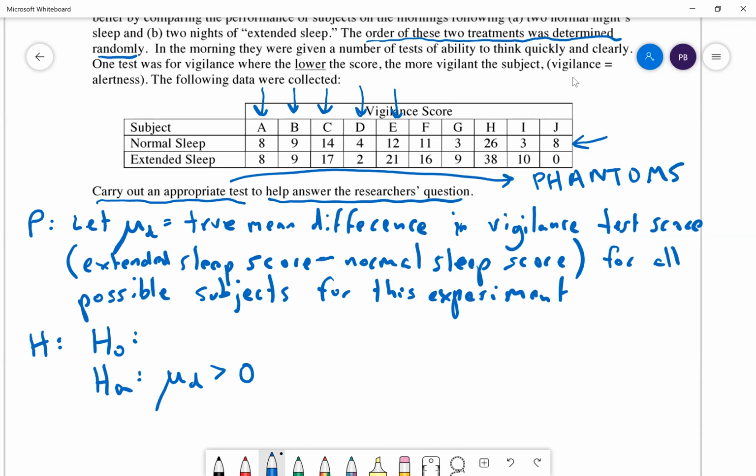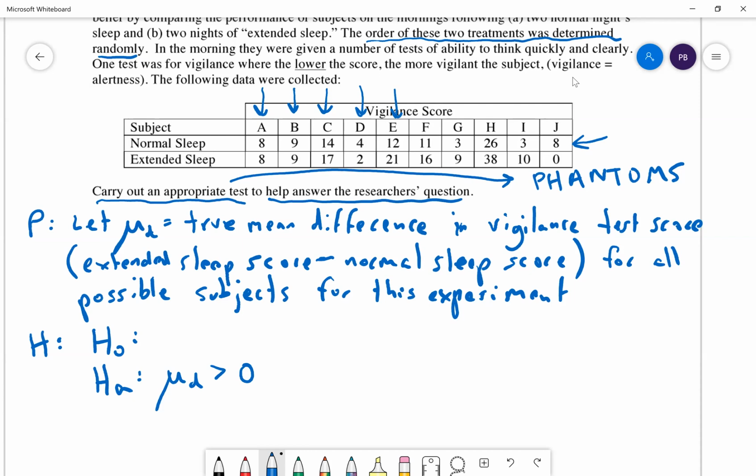So if the difference is greater than 0, that means the extended sleep score is greater than the normal sleep score, which means that after extended sleep, people are less vigilant than they are with normal sleep. So that's our alternative hypothesis.